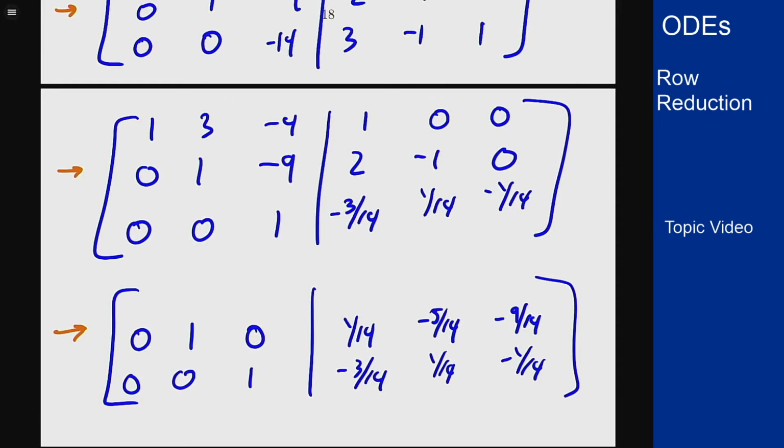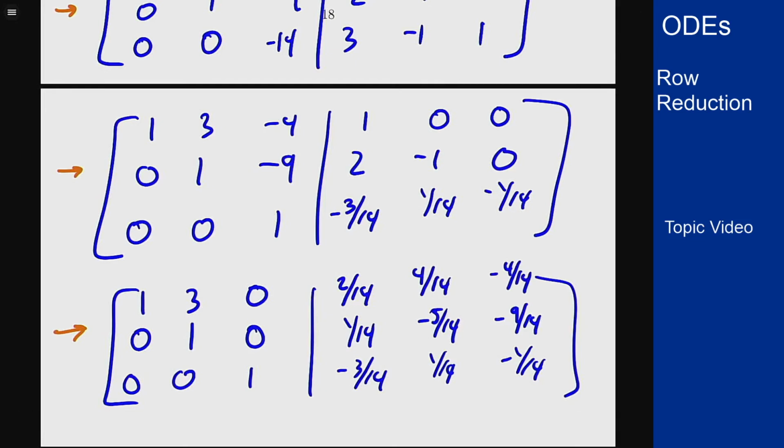And then to the first row, I can add 4 copies of row 3 to cancel out that -4. So I'll get 1 and 3 that stay there. I get a 0 in that spot. 1 plus 4 times 3 is 12, which gets me a 2 over 14. And the last 2 are zeros, so a 4 over 14 and a -4 over 14.